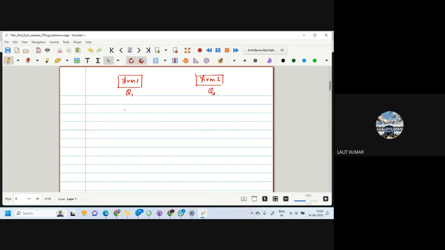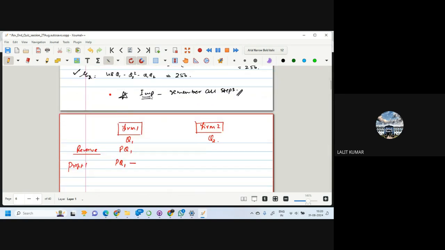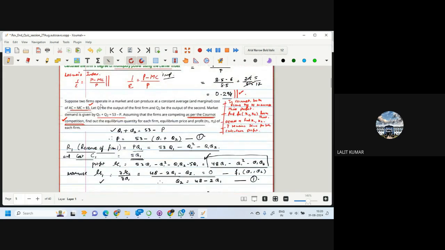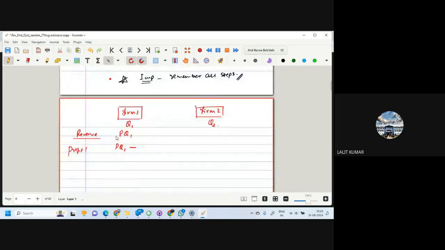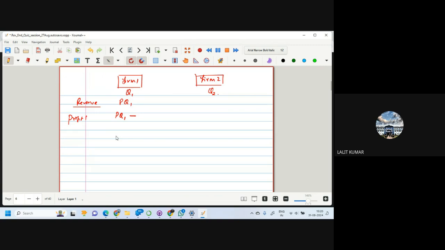So first we find the revenue for this, PQ1, then profit will become PQ1 minus Q1 into MC, whatever the value is there.